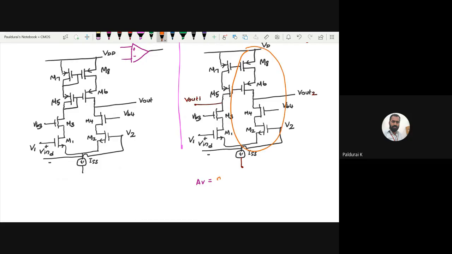So in general it is written gm of either 1 comma 2. The resistance seen down, I call it Rn. The resistance seen up, I call it Rp. So Rp parallel with Rn, where Rn formula, anyone?